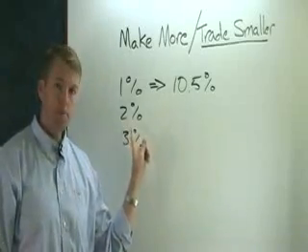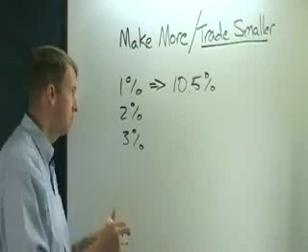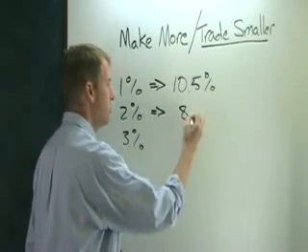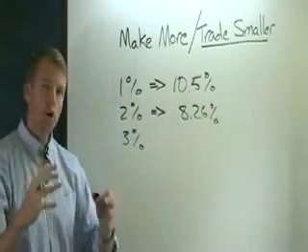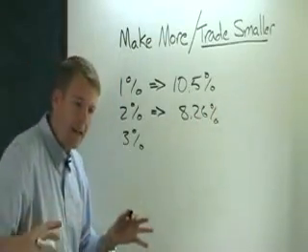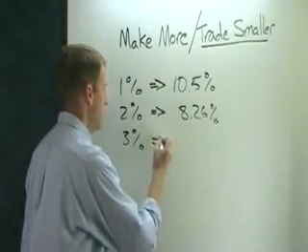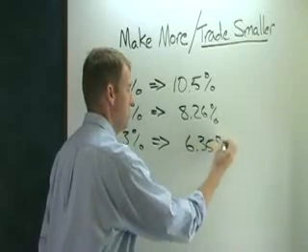Now, if I up that leverage, so if I up that exposure, the amount that I'm risking per trade, I actually wind up making less. So going to 2%, I actually make 8.26%, and that's because every time I would go on one of those streaks of losers, I would have an even deeper pit to dig myself out of. Similarly, going to 3%, now I'm losing 6.35%.